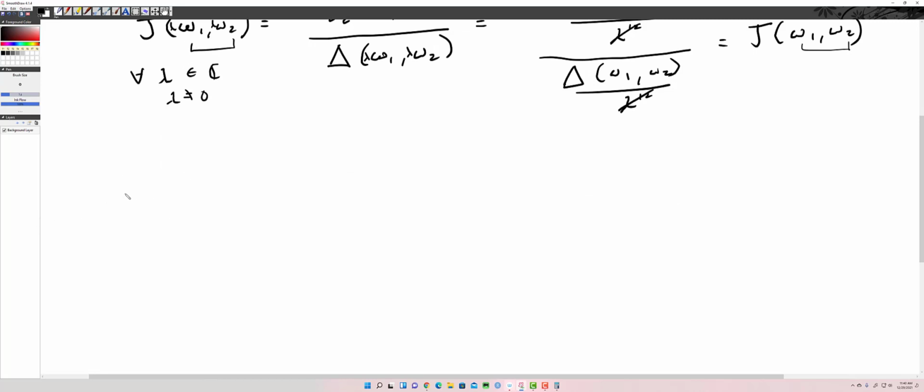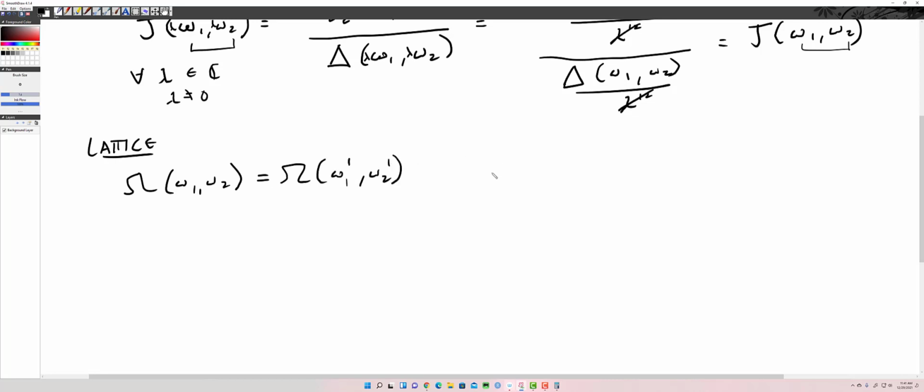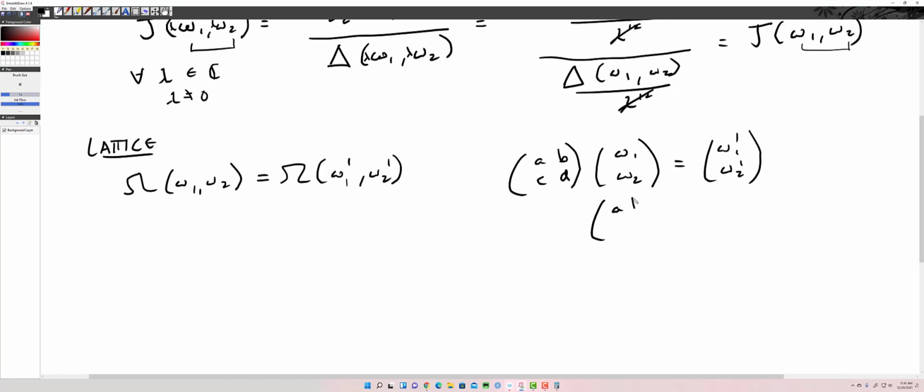Another thing to note, you remember how this lattice, which is determined by omega 1 and omega 2, actually equals another lattice determined by omega 1 prime and omega 2 prime, as long as we have some a, b, c, d integers that map omega 1 and omega 2 to omega 1 prime and omega 2 prime, where a, b, c, d has a determinant of plus or minus 1.